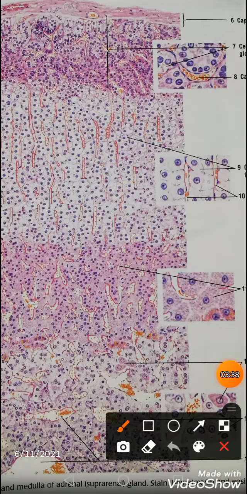If I can mark it, this is the zona reticularis, which is 10% of your cortex, and they have smaller cells forming irregular anastomosing cords, separated by wide capillaries, as you can see. But here they are well stained because they are not much filled with lipid droplets, and what they carry in excess is more lipofuscin pigment, which gives the color, right?